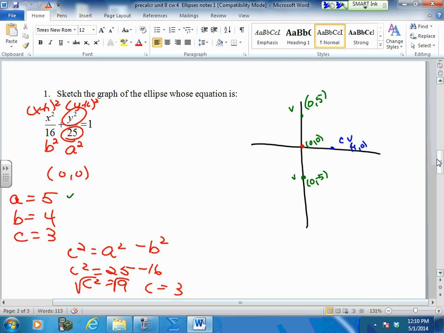A squared will always be the major. A squared will always be bigger, and it could be either on the right-hand side or the left-hand side. If you realize that a squared is going to be the larger, because we do a squared minus b squared, we never do b squared minus a squared.